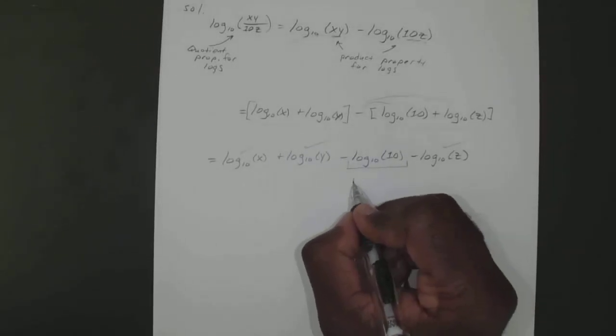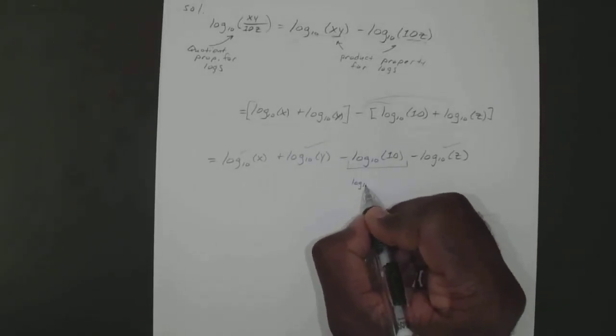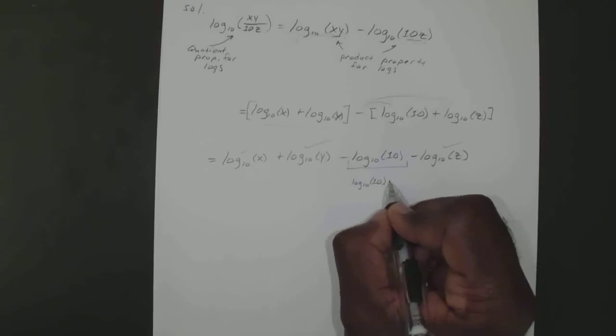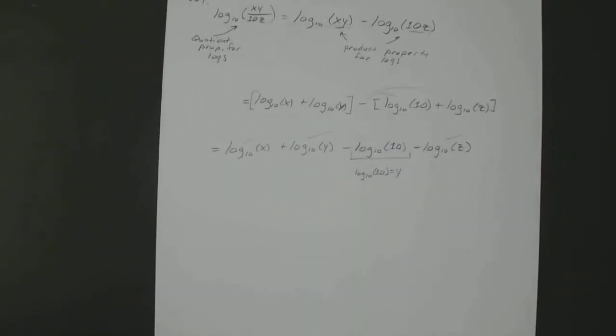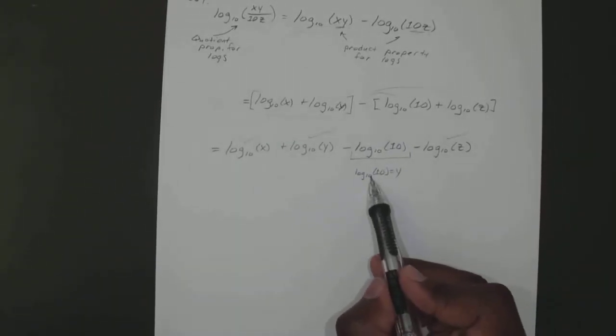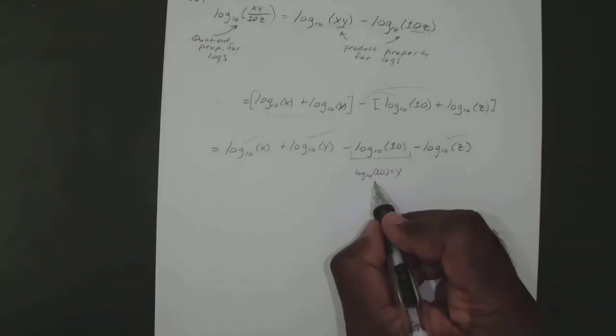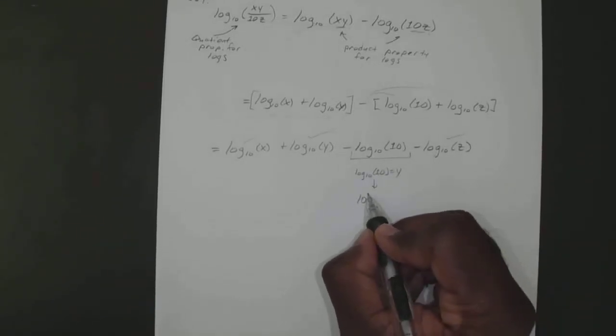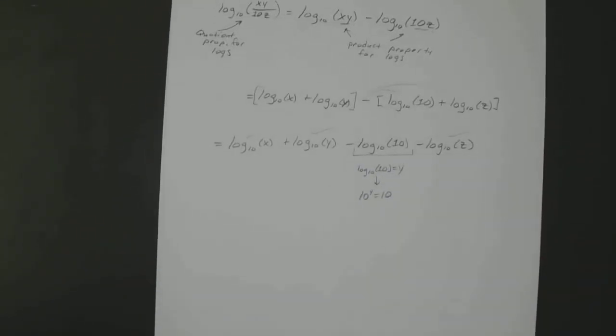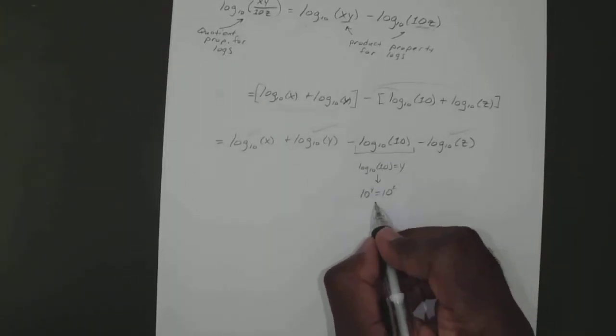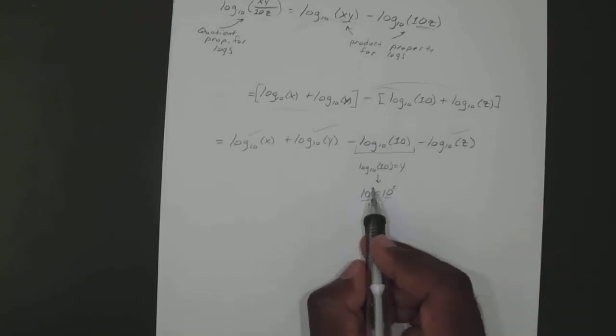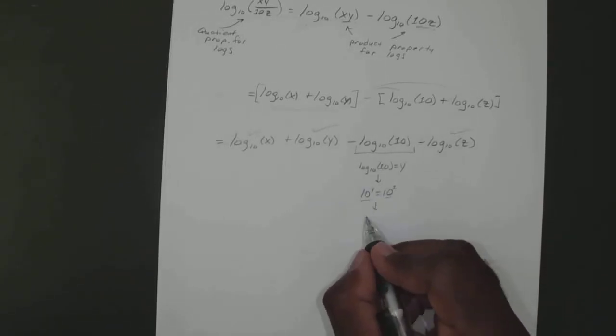So we just let log base 10 of 10 equal y. 10 to the power of y equals 10, or 10 to the first power. Our bases match, so we know that y has to equal 1.